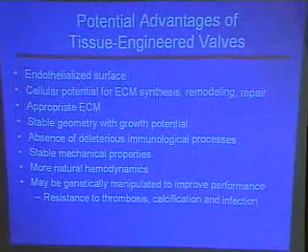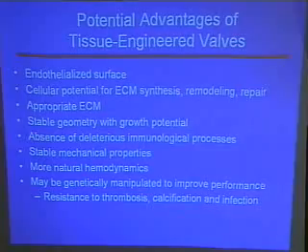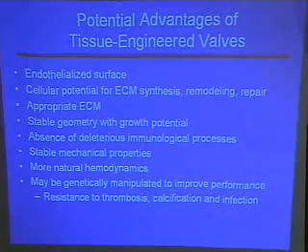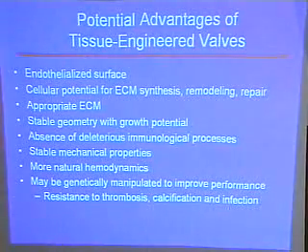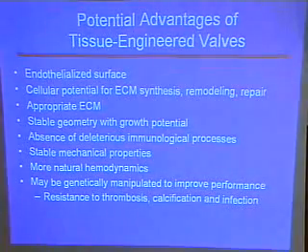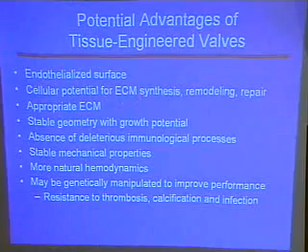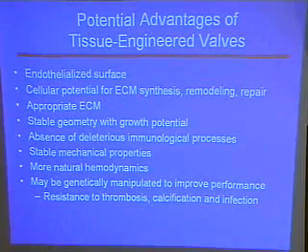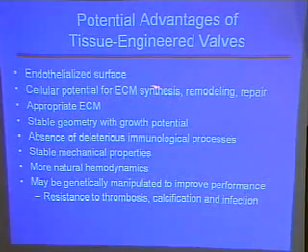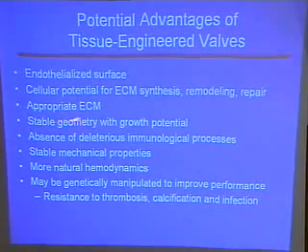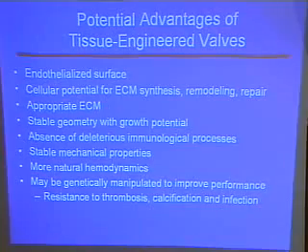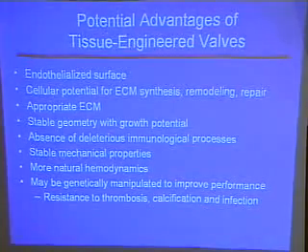Tissue engineered valves offer some potential advantages over current valve replacements. One, the surface would be endothelialized, which would reduce the chance for thrombogenicity. Secondly, since this is a living valve construct, the cells would have the potential to synthesize their own matrix and remodel and repair it. Next, they would have the appropriate extracellular matrix composition and deposition, which is very important for heart valve function.